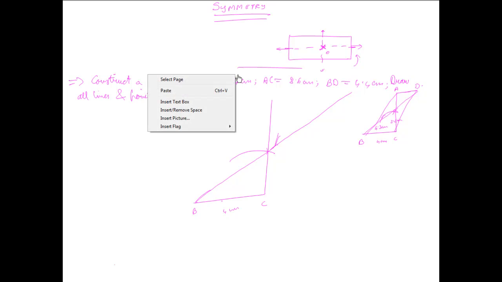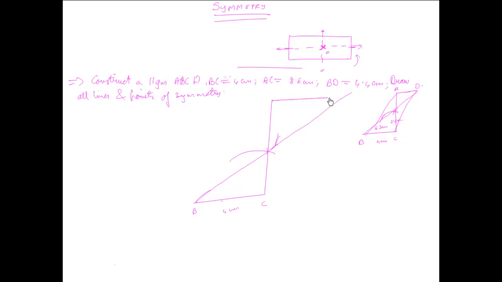And then we mark 8.6, children. And we connect it. So children, this comes out to be A, B, C, D.